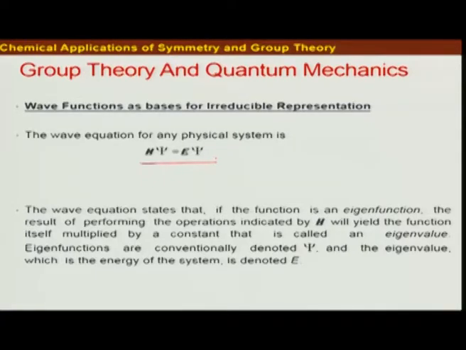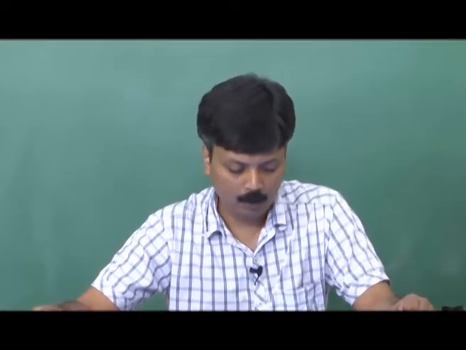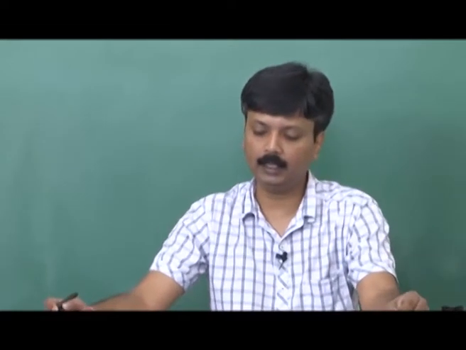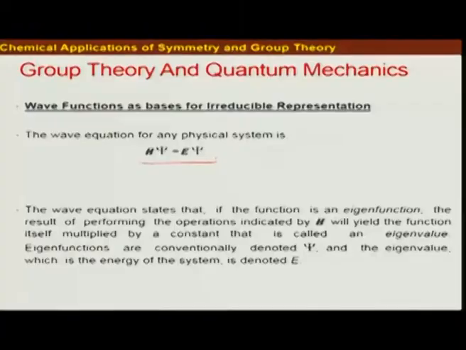So when H operates on this wave function psi, it gives a constant value, which is the energy, or given as E. So this wave equation says that the function is an eigenfunction, and the result of performing the operation, which is the Hamiltonian here, will produce the function itself, multiplied by a constant, which is also known as an eigenvalue.